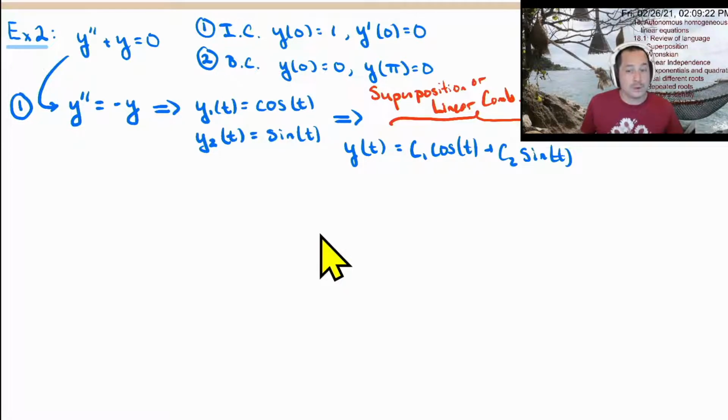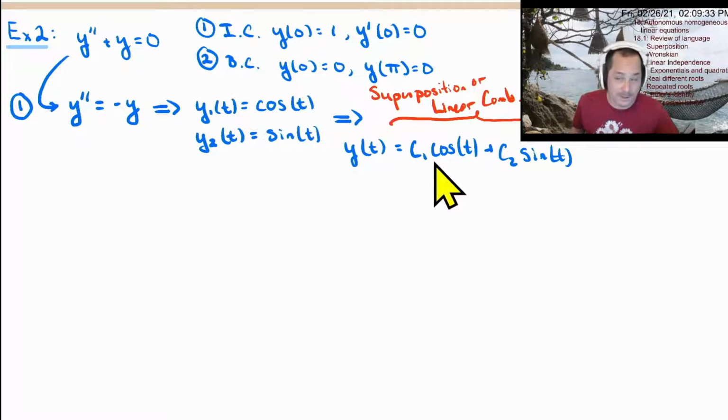Okay, so if you find two functions that solve the same homogeneous second order problem, then I will linearly combine them, or what's called in physics oftentimes superimpose them, or form a superposition, where I just take those sines and cosines, multiply them by constants, and then add the two together.